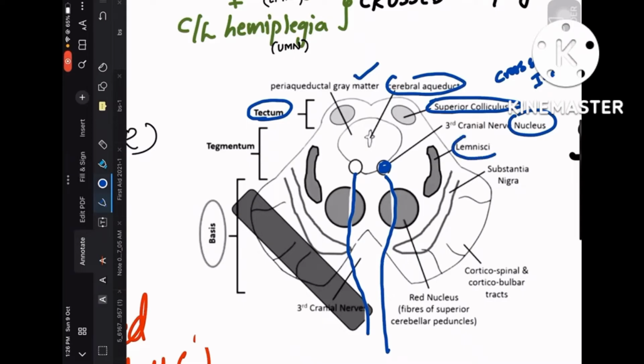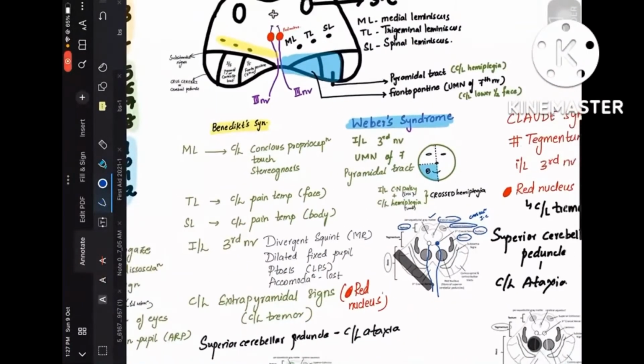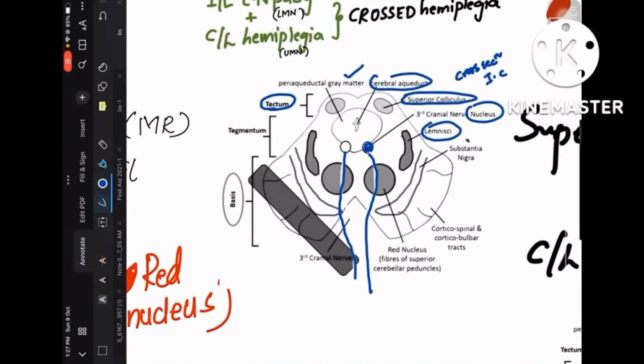And these are the lemnisci, that is the medial, trigeminal and spinal lemniscus, that is the dorsal column lemniscus, that is the medial lemniscus, trigeminal and the spinal lemniscus. And this is the substantia nigra, it should be shaded in black actually.